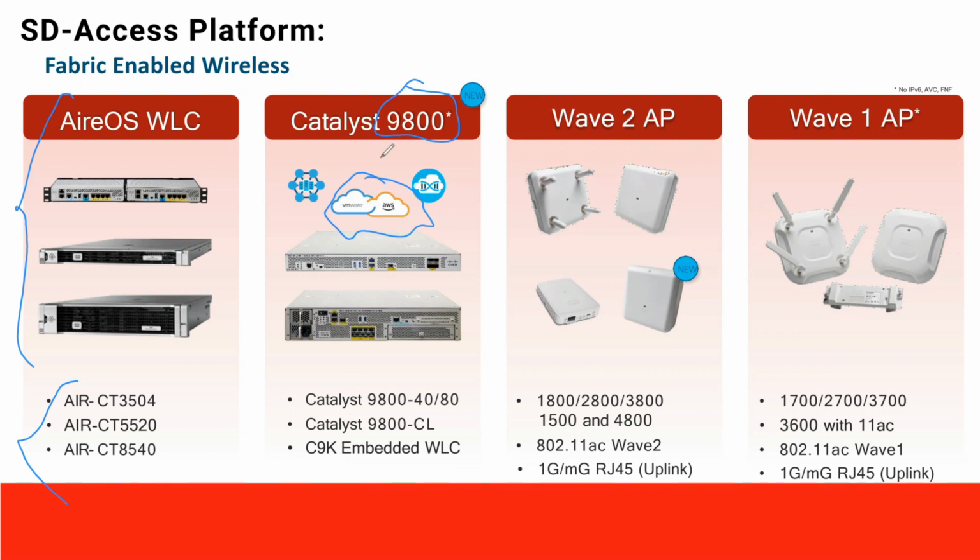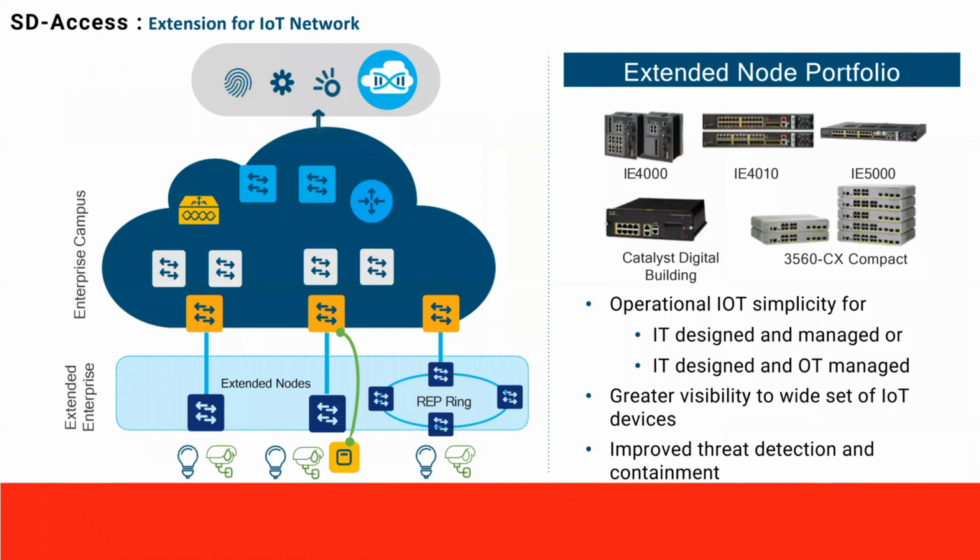I haven't used this yet on the cloud, but these are specifically used as the fabric-enabled WLCs, with the Wave 2 access points, the 1800, 2800, 3800 series, and Wave 1 with specific features. So this is about the wireless, which supports SD-Access.